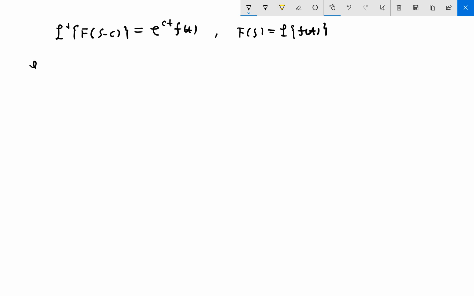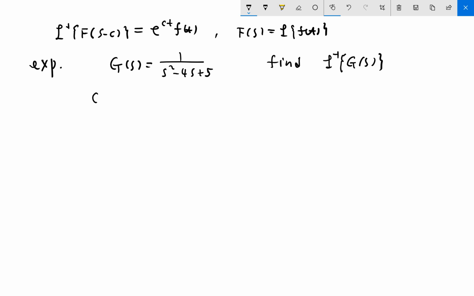Now let's look at an example using this formula. Our Gs here is equal to 1 over s squared minus 4s plus 5. What we want to do is find the inverse Laplace transform of Gs.